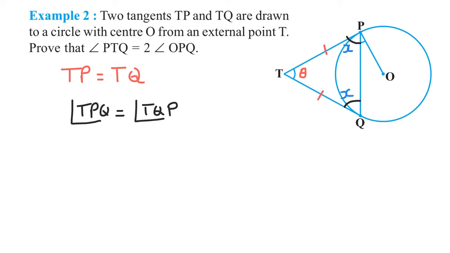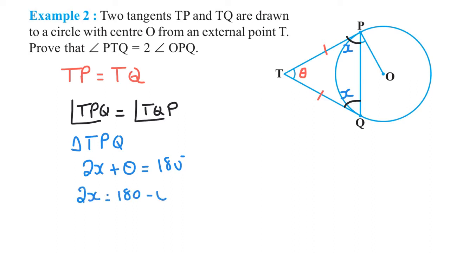So, now in the triangle TPQ, 2x plus theta will be equal to 180 degrees, isn't it? The sum of all the angles of a triangle. So, 2x will be equal to 180 minus theta.